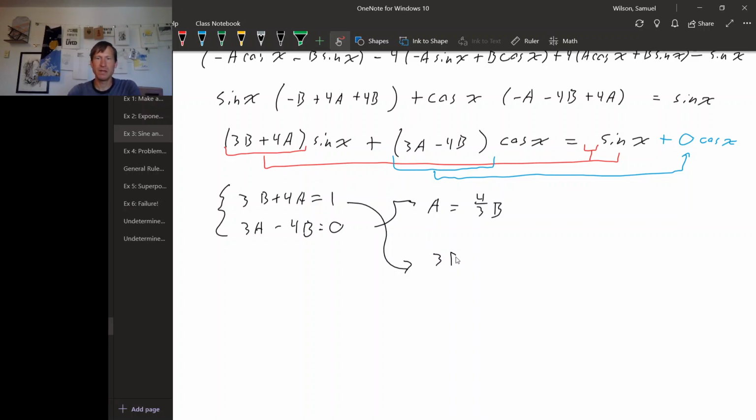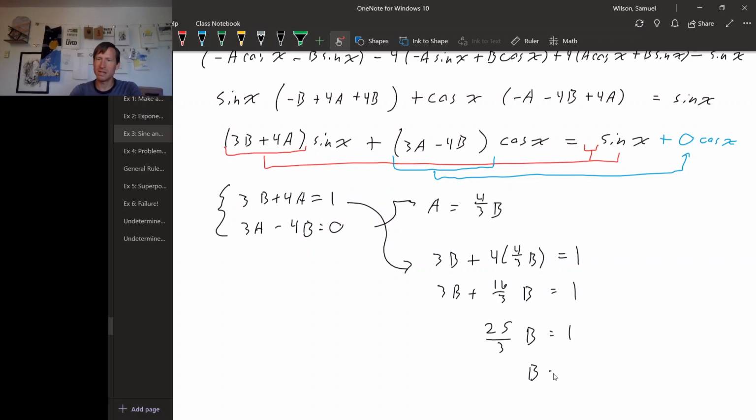So 3b plus 4 times 4/3 b equals 1. So 3b plus 16/3 b equals 1. So 3b is 9/3. 9/3 plus 16/3, 25/3, b equals 1.